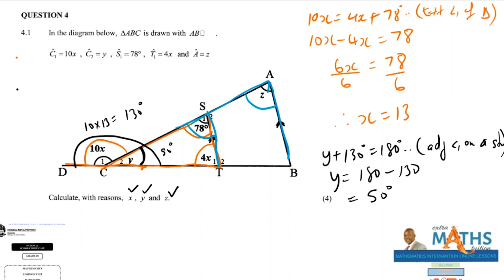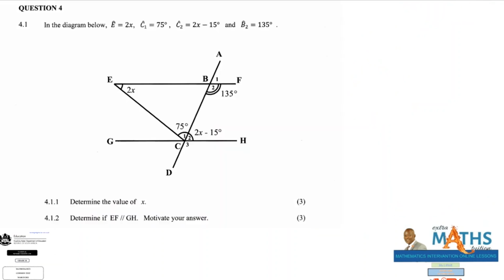This is, talk to me, it's F, exactly, it's a corresponding angle. Therefore, z is equal to 78 degrees. Why do we say so? Corresponding angles are equal. Okay, I hope you are still following me, and I hope you still understand.